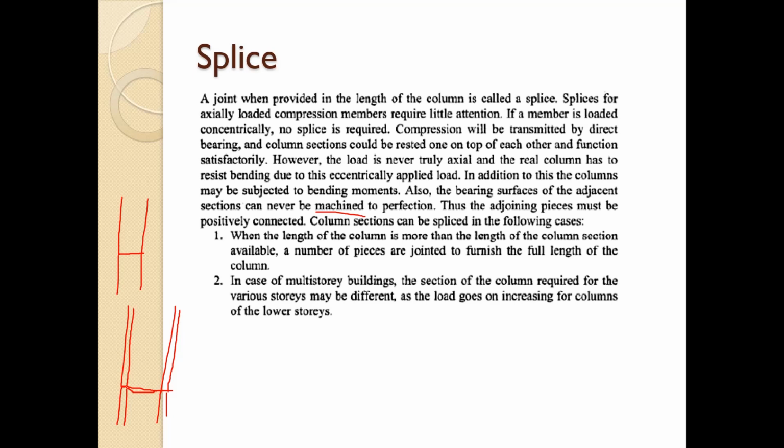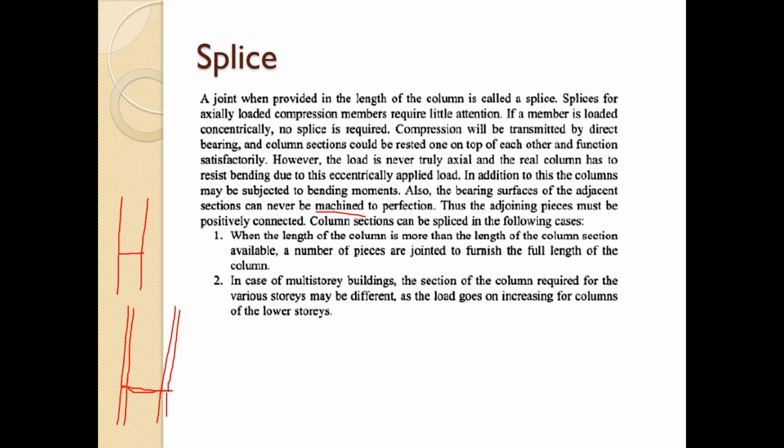The column section can be spliced in the following cases. The first is when the length of the column is more than the length of the column section available. That is, if the section available in the market is shorter than what we require, we have to go for splicing. A number of pieces can be joined to furnish the full length of the column.